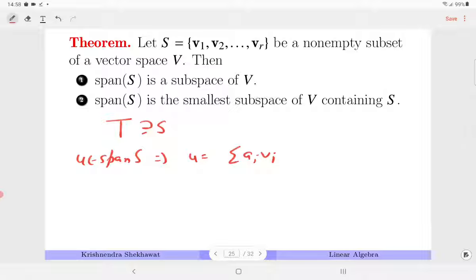Yes. Now each vi belongs to S which is contained in T. So each vi is contained in T and T is a subspace.